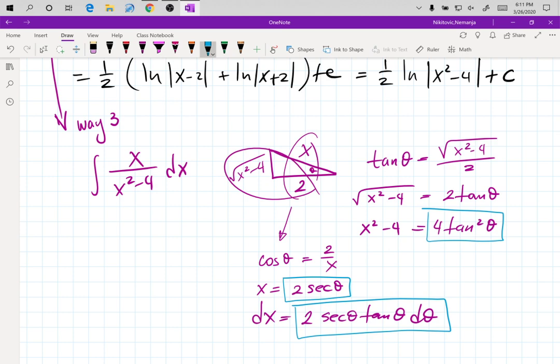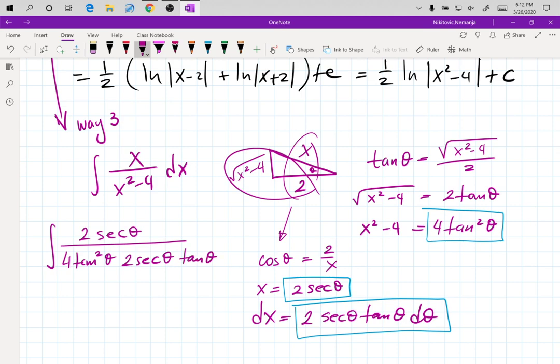So all of these plug in. I get the integral of 2 secant theta divided by 4 tangent squared theta, 2 secant theta tangent theta.